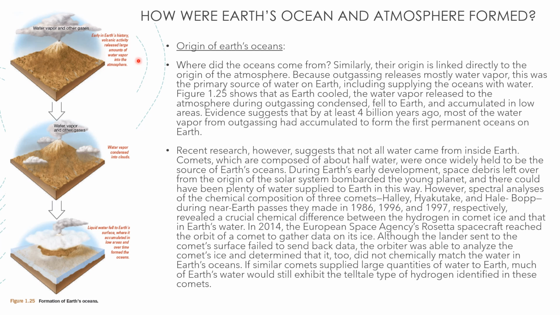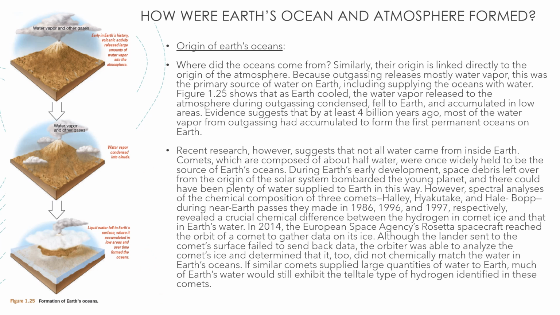Early in the Earth's history, volcanic activity released large amounts of gases in the form of water vapor and other gases into the atmosphere. Water vapor condenses into clouds, and the liquid water from these clouds fell to the Earth's surface, where it accumulated in the low-lying areas or depressions, over a period of time, and formed the oceans.